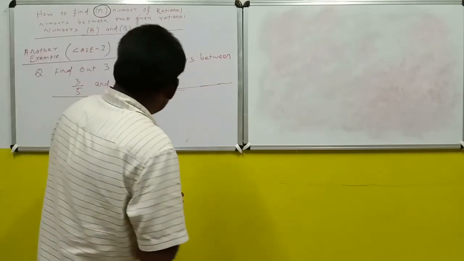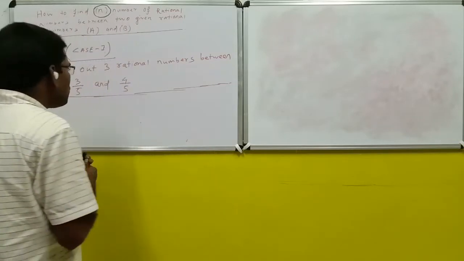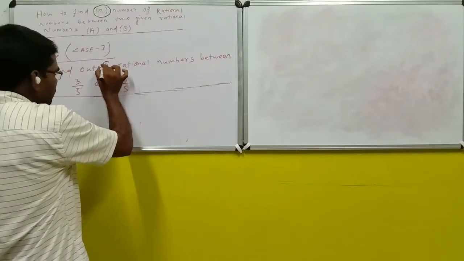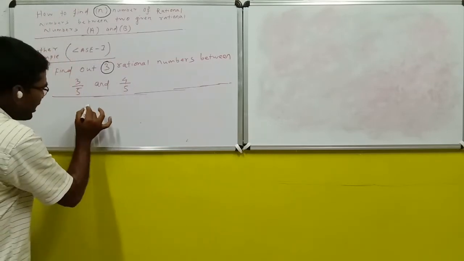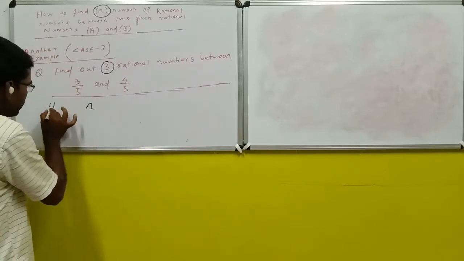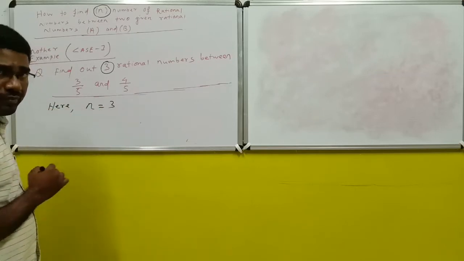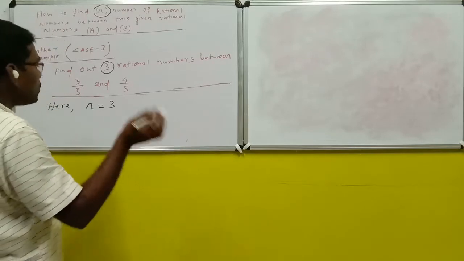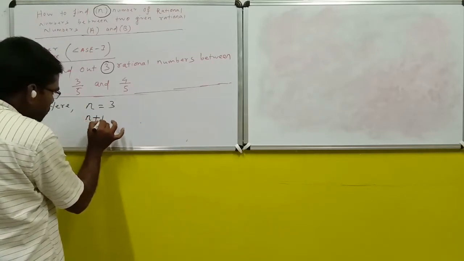Students, in this question, you are asked to find out three rational numbers. It means the value of n here is 3. So according to the rule, you have to find n plus 1.